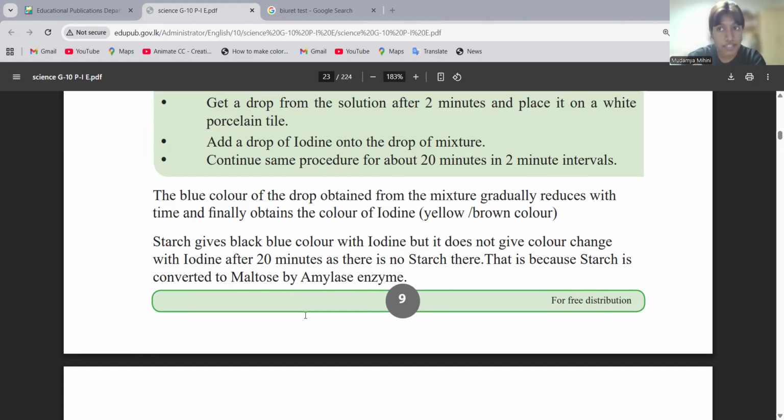If there is starch, it gives a reaction that makes a blackish, purplish blue color. But if there's no starch remaining, because as time goes by the starch gets used up, after 20 minutes you won't get any reaction because there's no starch left.